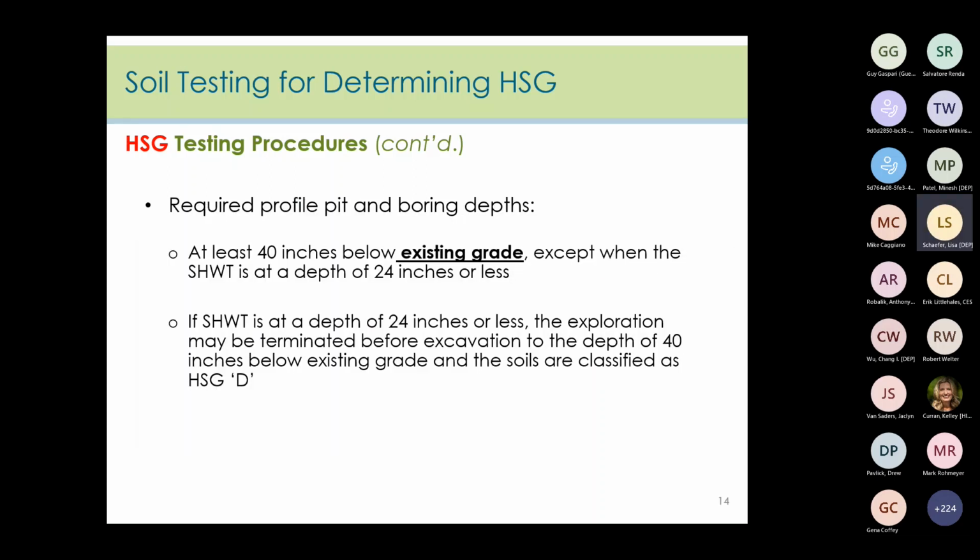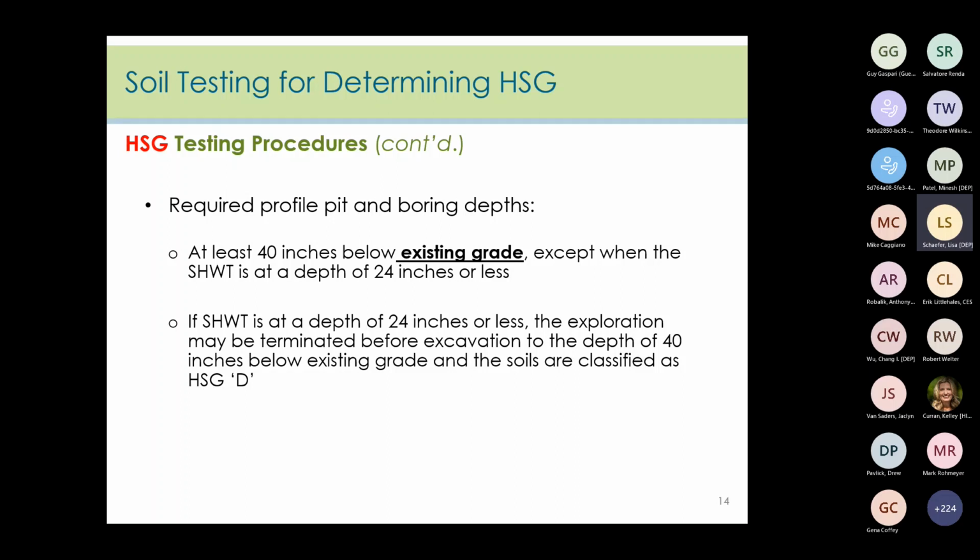Now, besides placement, there's also a depth aspect to the requirements. I want you to take note that the soil profile and boring depth requirements have been updated in Chapter 12. Previously, we had a depth of 6 feet as the requirement, but now we need at least 40 inches. The presence and depth of soil classification must be included in the soil logs.